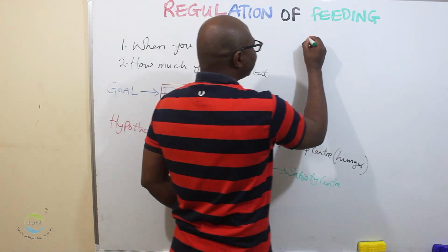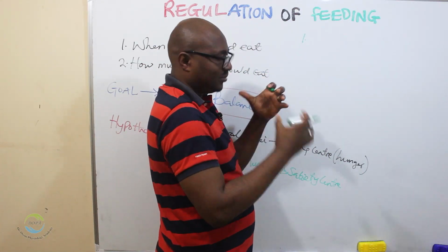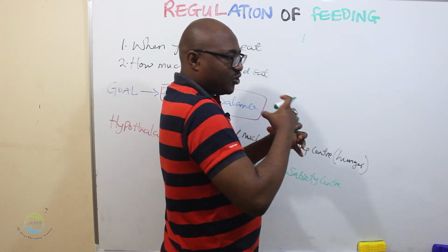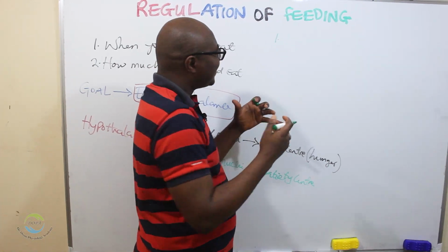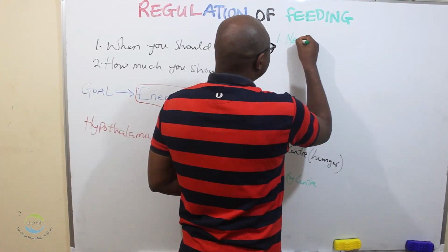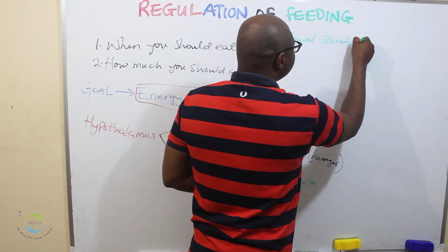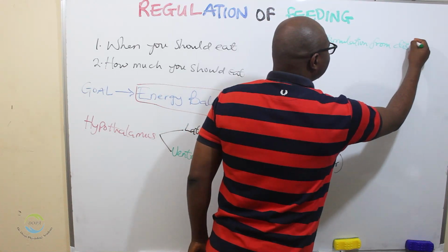One of them is neural stimulation, that's nervous stimulation, due to stretching of the GIT. Neural stimulation from distension of the GIT.